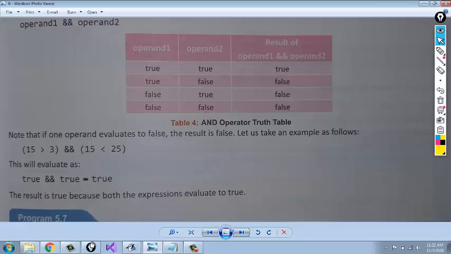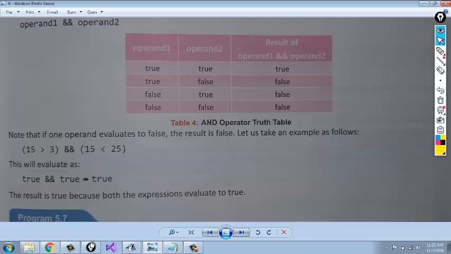Then we can discuss each condition one by one. If operand 1 is true and operand 2 is true, then the result will also be true. If anyone is false, here in this second condition, operand 2 is false, so the result will be false.